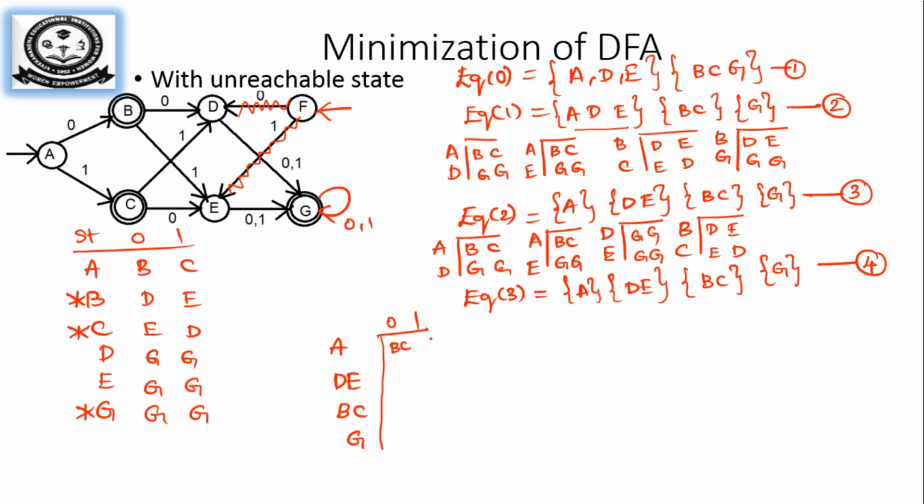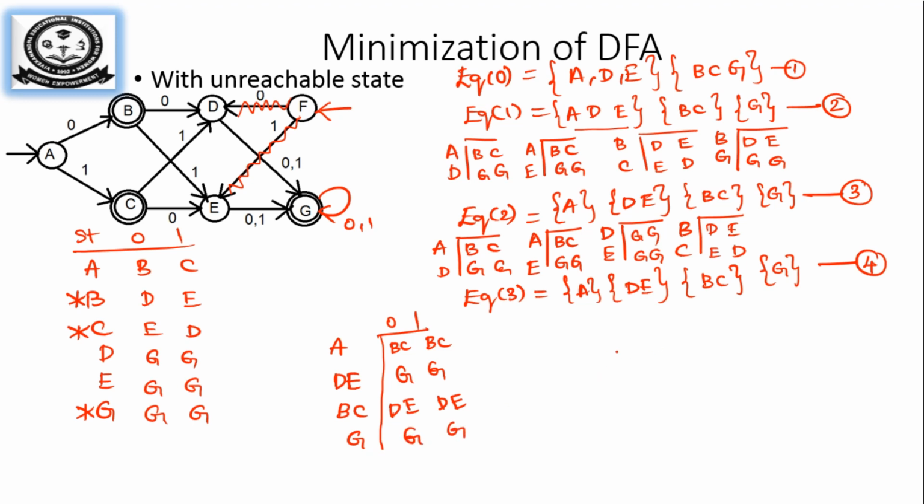For 1 also it goes to C, which is also in the set BC. Now for D it goes to G. G is a separate set, so you will have G. For B it goes to D, and D and E are in the same set, so you will write it as DE. For E also it is the same, so you will have DE here. And for G there is no change, it's G and G.